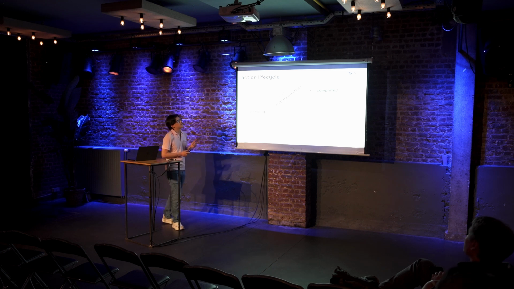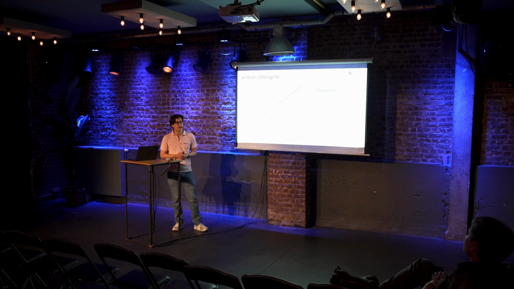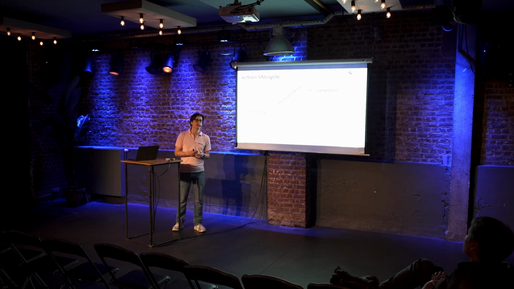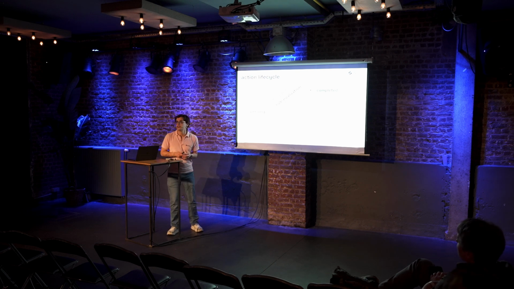This happens at certain points in time called triggers. Right now, in the current implementation, it only happens when a new user approves an action. But in the future, we want to have more triggers. We want, for example, cron job-like triggers where the user can specify, check this action every 10 blocks or 100 blocks.